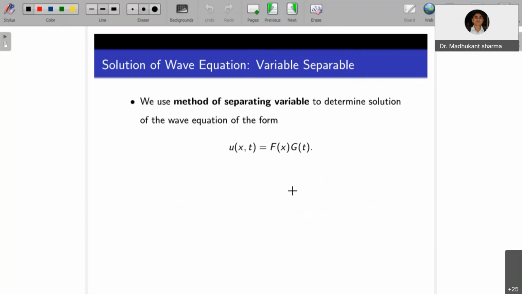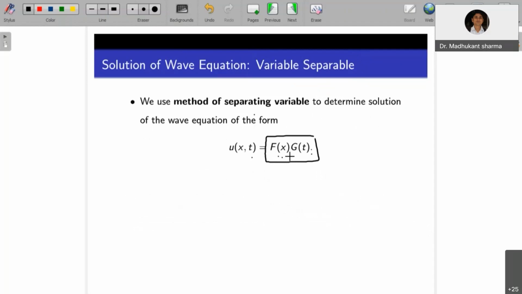As the name suggests, variable separable means you are pre-assuming that the solution of the wave equation will take the following form. The vibration of the string at any time t at any position x can be determined by the product of these two functions.